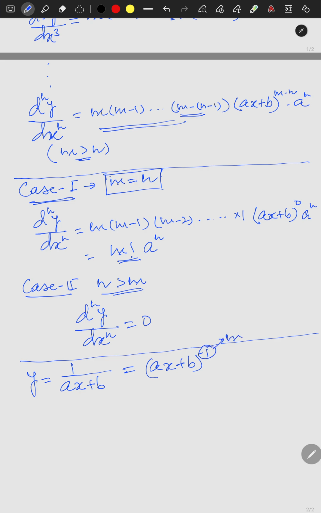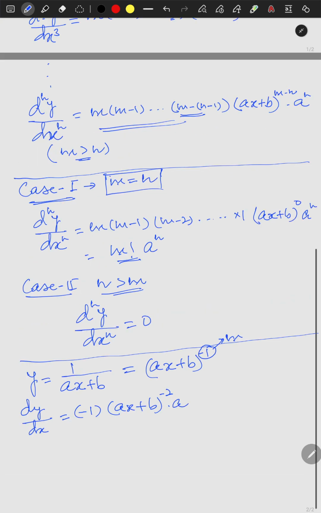Now if we find the first order derivative dy over dx, this should be minus 1, and here we are having (ax plus b) to the power minus 2, and we are having a in the multiplication. Now we can differentiate it again to find d2y over dx square.